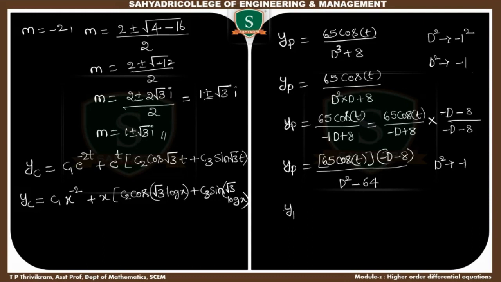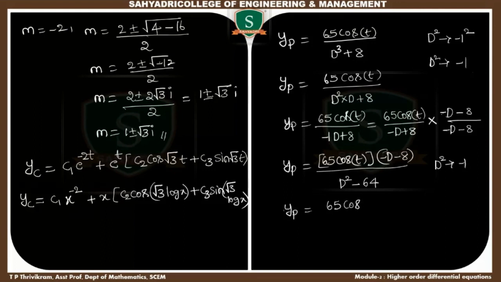So yp is equal to 65 cos t into D. Into D is nothing but differentiation of cos t.